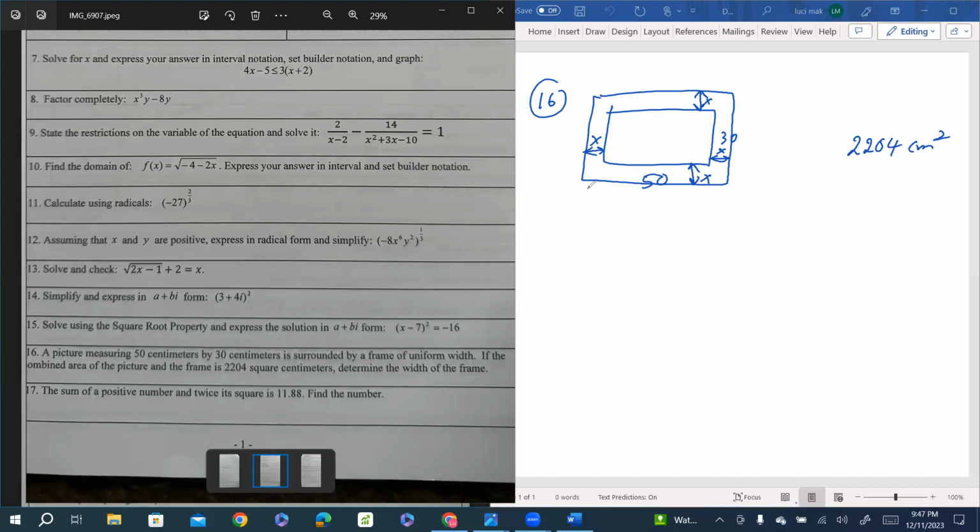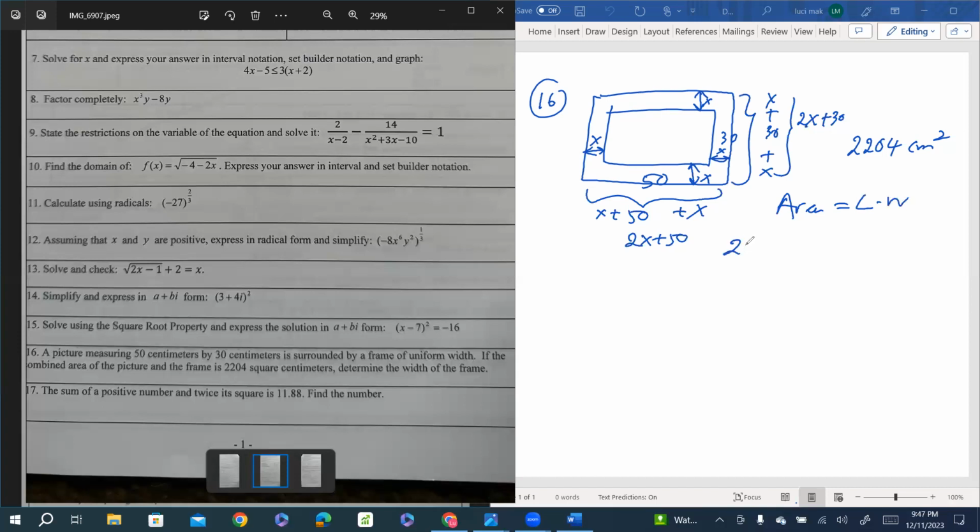So the new length with the picture and the frame is x plus 50 plus x, or in other words, 2x plus 50. The width is x plus 30 plus another x, so this is going to be equal to 2x plus 30.